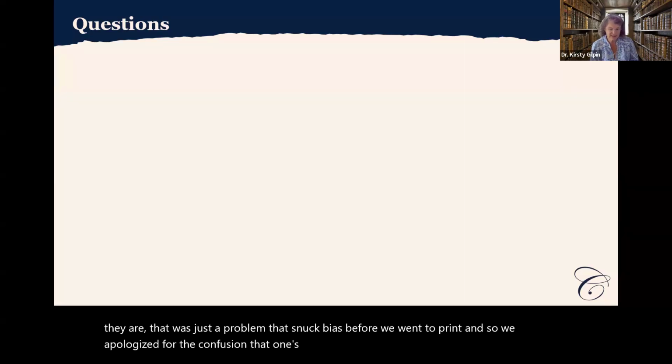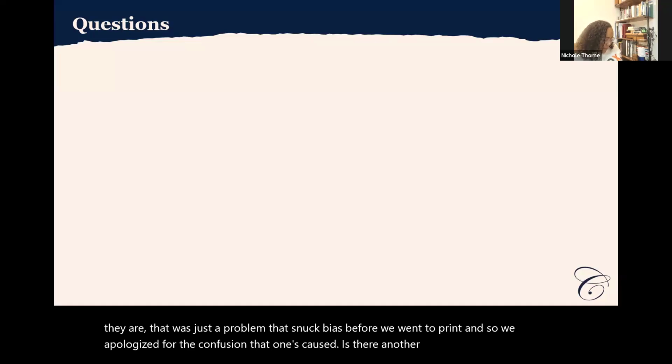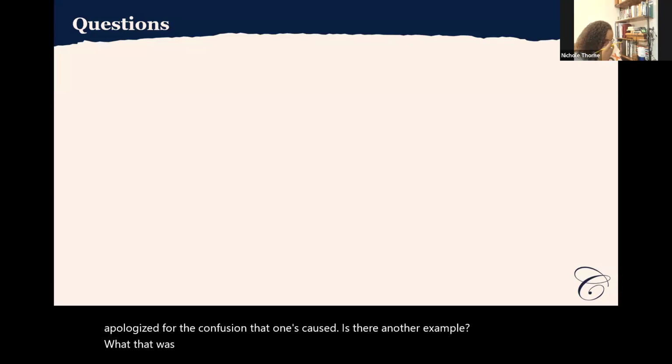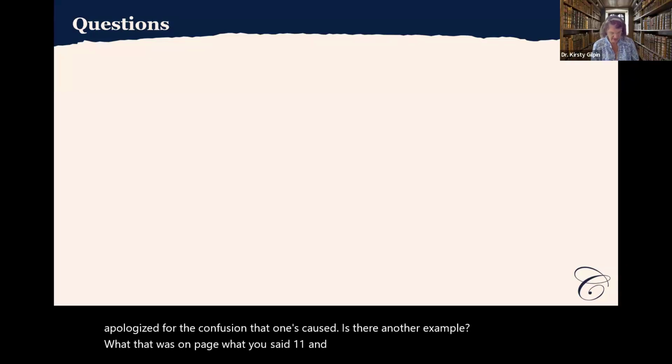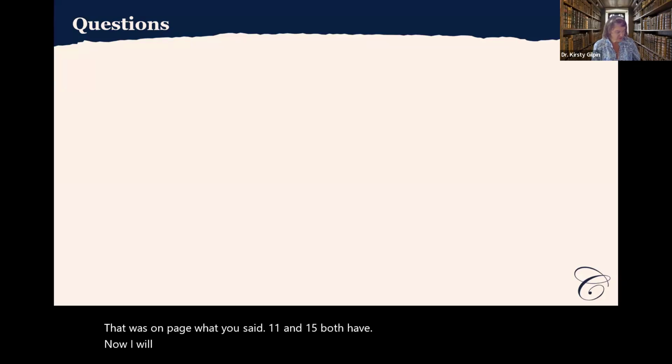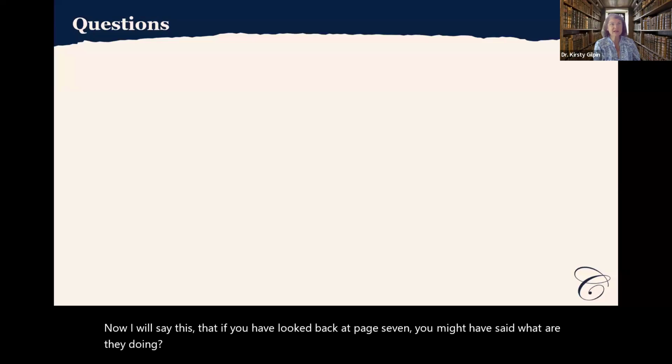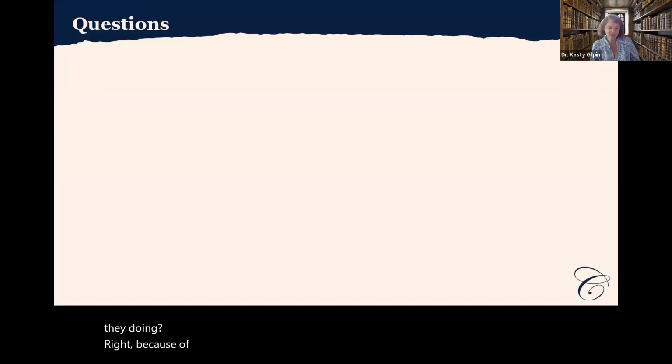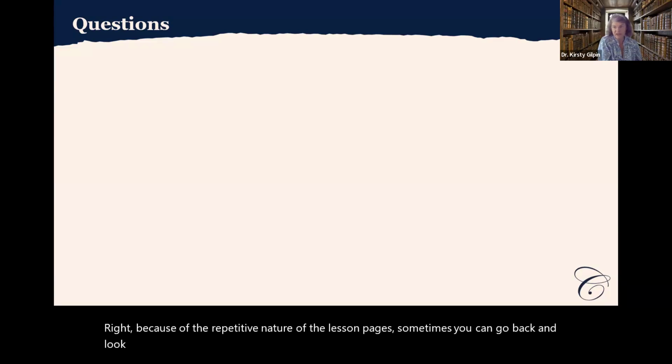Is there another example? Well, and what that was on page what? You said 11? 11 and 15 both have. Now, I will say this, that if you had looked back at page 7, you might have said, what are they doing right? Because of the repetitive nature of the lesson pages, sometimes you can go back and look on an earlier page and see.